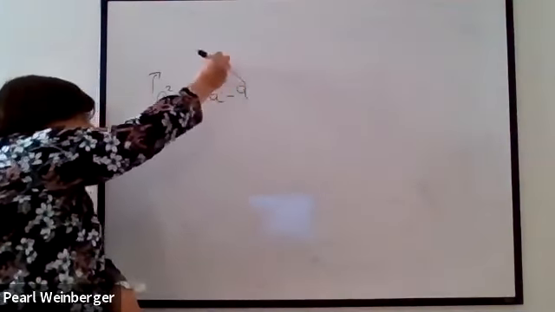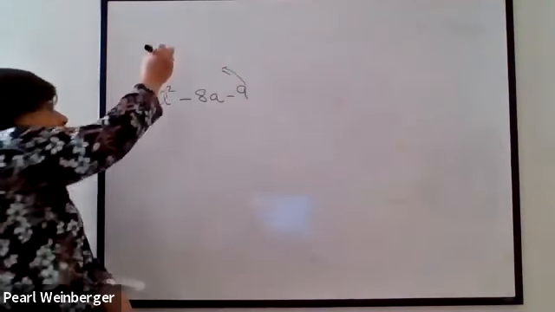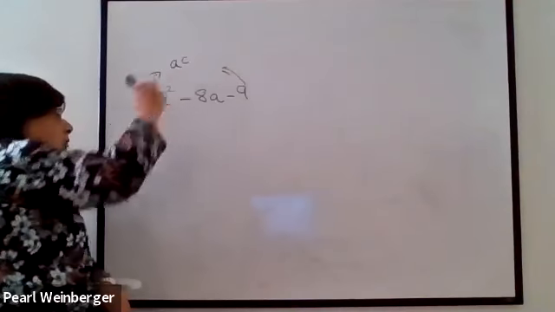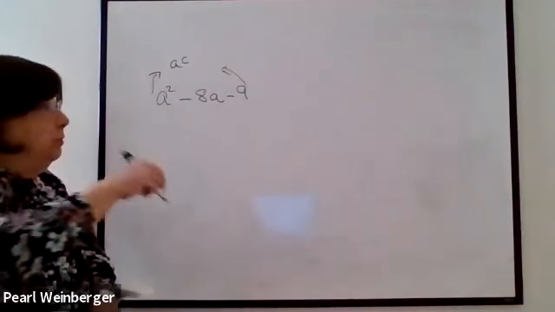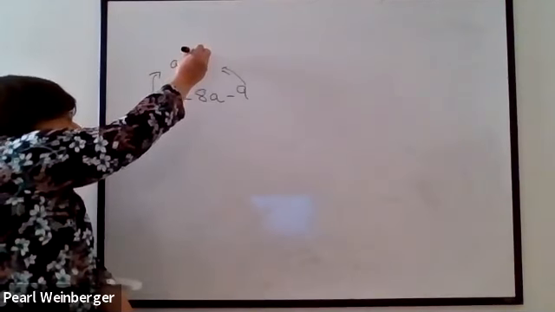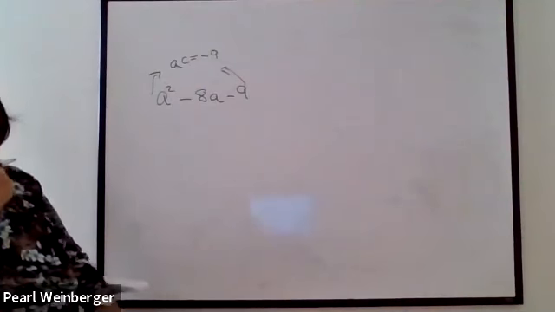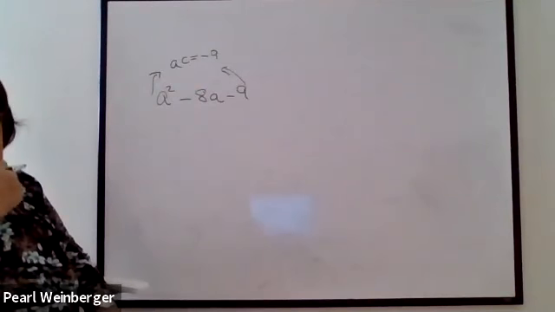And the last term is -9. So together, my AC, remember this is called the AC method, the first times the last is -9. Okay, we know that AC equals -9.